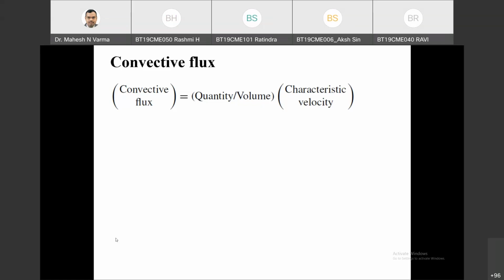Rho into specific heat into temperature will represent the heat per unit volume in heat transfer. What is the mass per unit volume? Roll number 71, Himani. Yes sir.